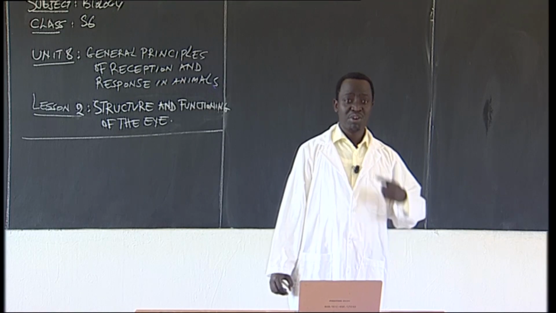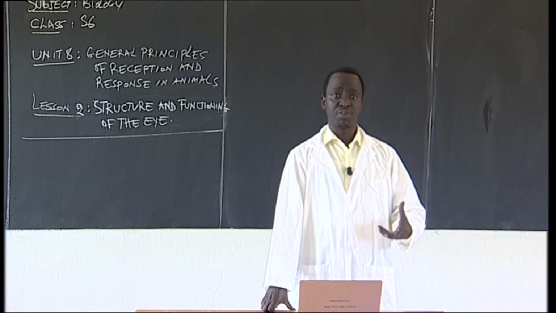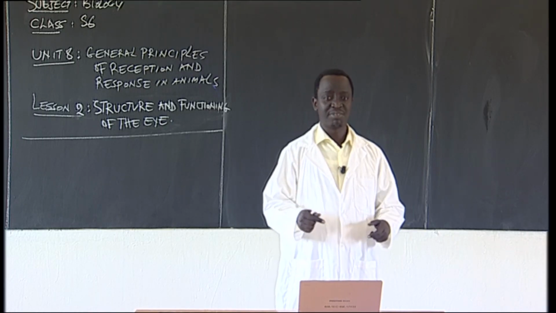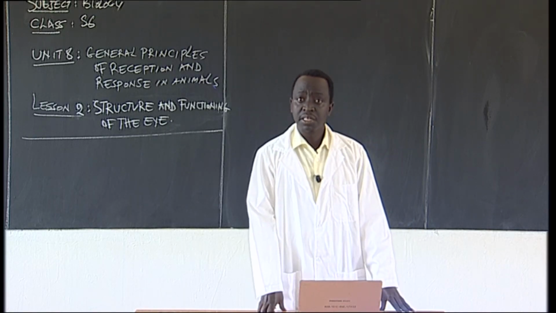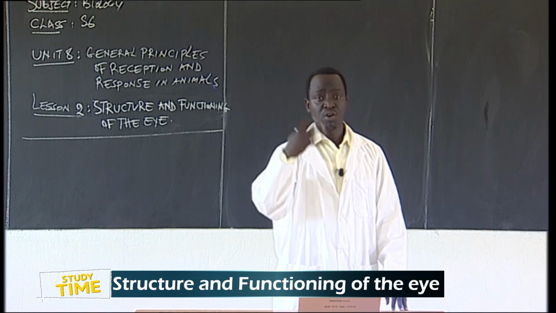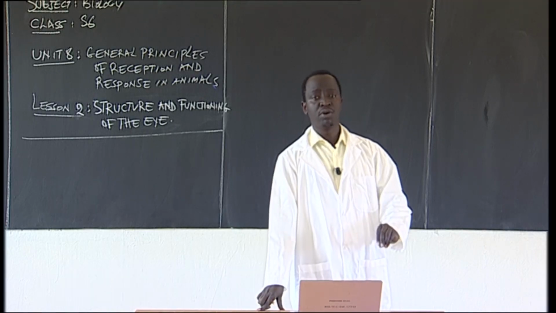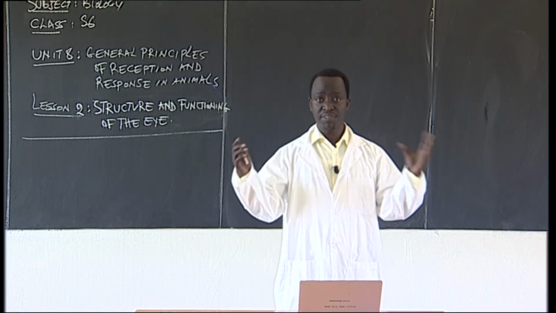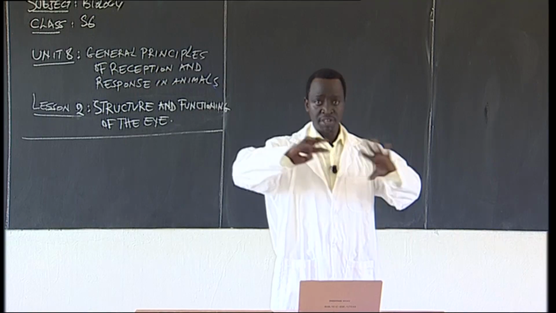We have also what we call transformation, where that impulse can be transferred to the nerve system, to the brain. You know why? The brain is one of the organs of our body that helps in the control of the body activities, of different activities taking place within our body or in the environment.